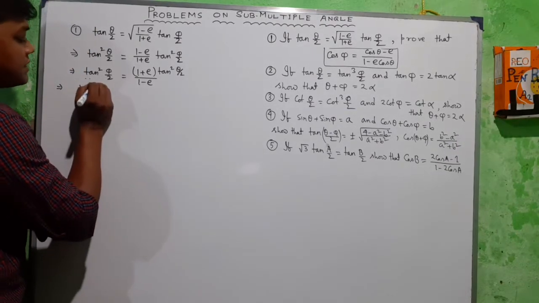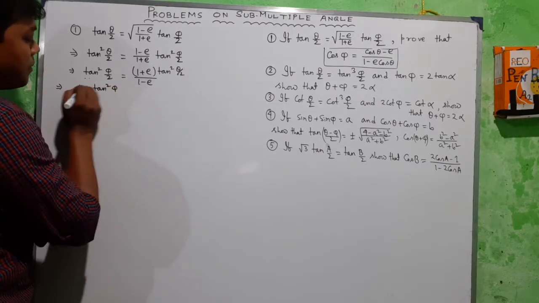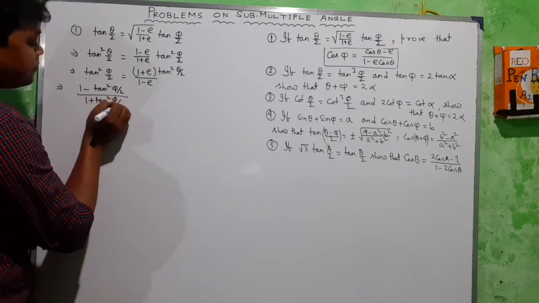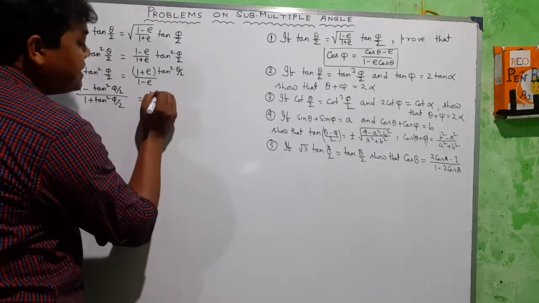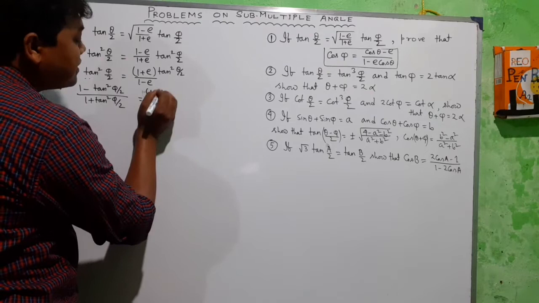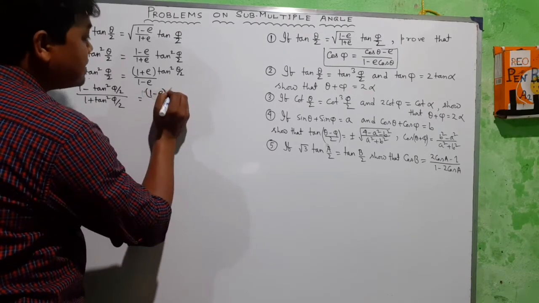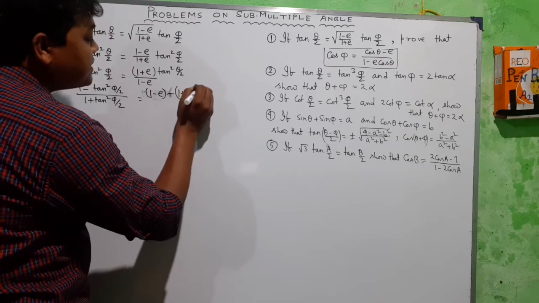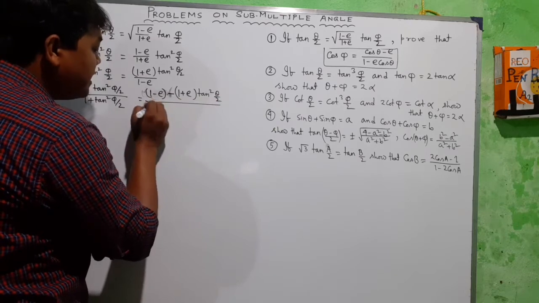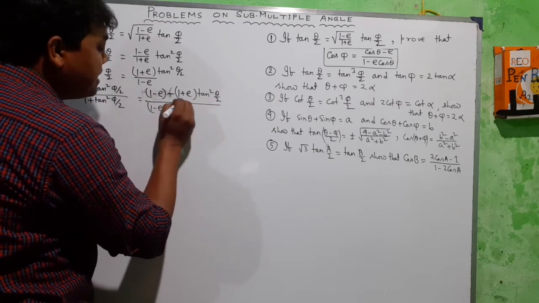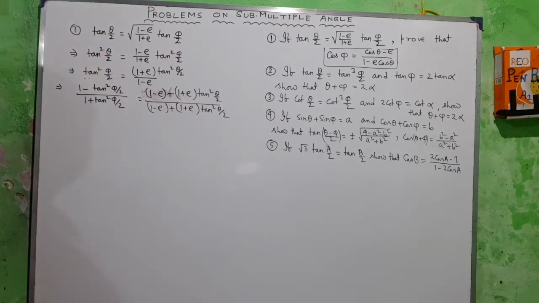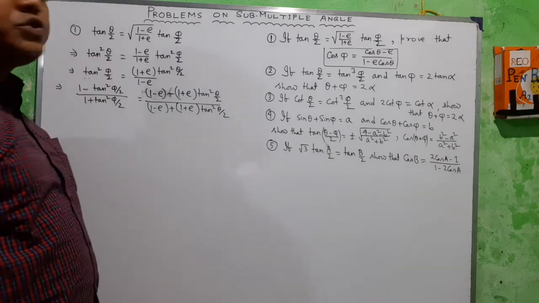So that gives (1 minus tan square phi by 2) by (1 plus tan square phi by 2) equals (1 minus e) minus (1 plus e) into tan square theta by 2, by (1 minus e) plus (1 plus e) into tan square theta by 2, by the dividendo componendo process.